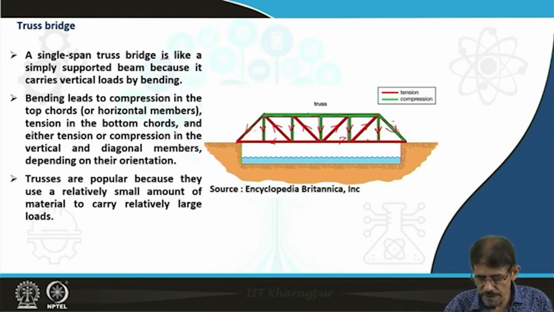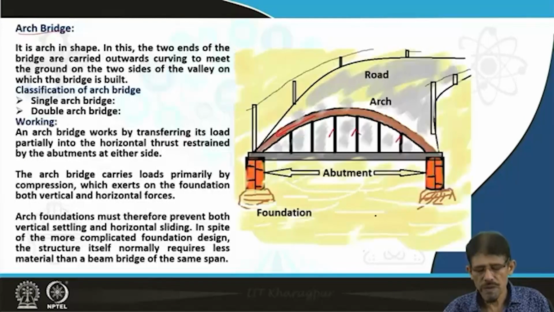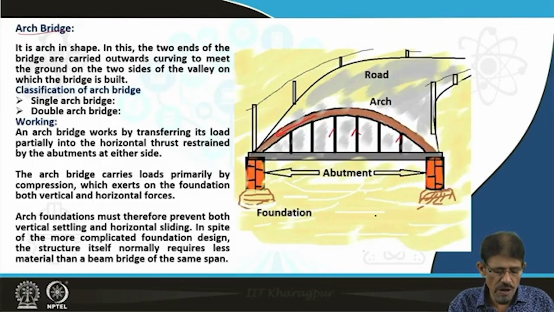In this way, this structure transfers all the loads of the superstructure to the abutment or pillar side. Trusses are popular because they utilize minimum materials for construction, and they are economical too.